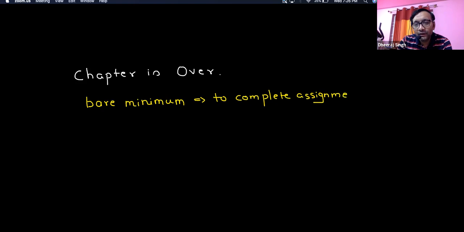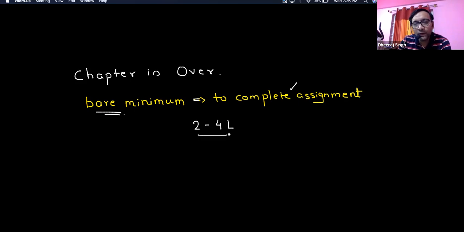And if you are completing it very fast by looking at the solution, again you are wasting your time and fooling yourself. You need to struggle through the assignment, fight it out, and discuss the doubts. Like that you complete the assignment, and that is your bare minimum. That will ensure your rank around 2 to 4 lakh.